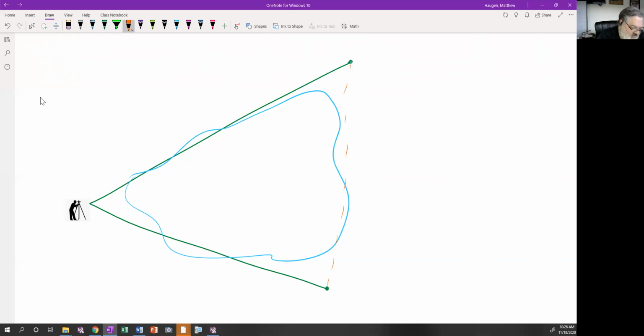Actually, with Google now, that's easier. But if we want to send a surveyor out there to get a good approximation of how big this lake is, that observer can drive out or hike up and get to some point near that lake.